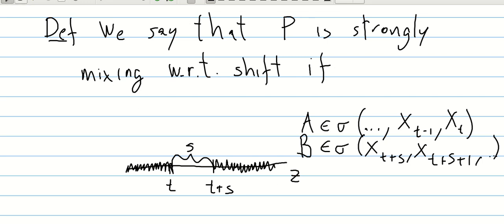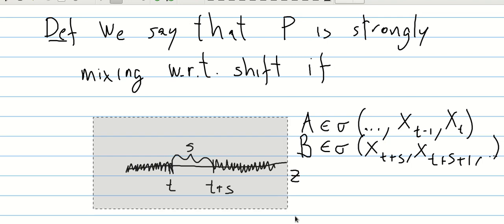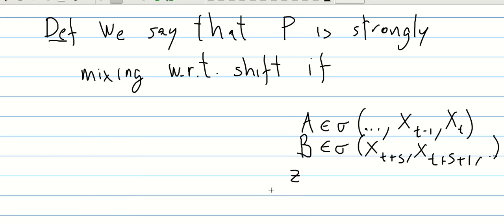So we have these two events that are somehow far apart. They have distance s between them. And what we want is that these two events are kind of independent. So we want the probability of the intersection, A intersected with B, to be close to the product of these probabilities. Probability of A times probability of B.